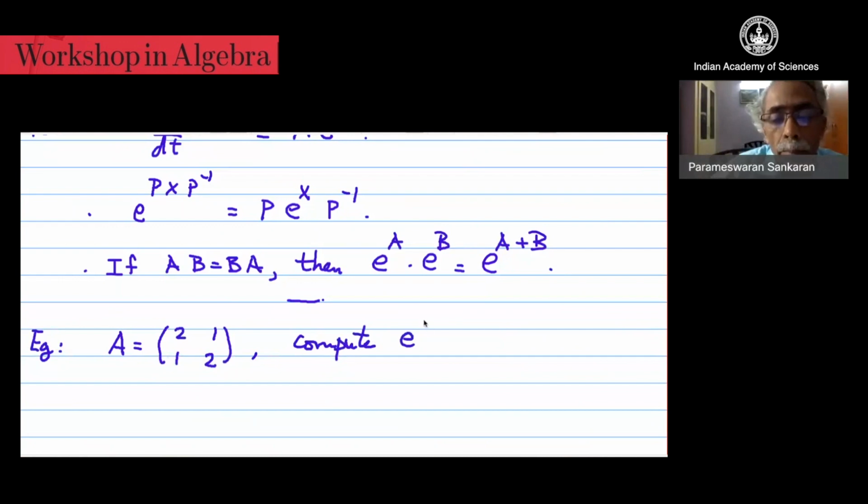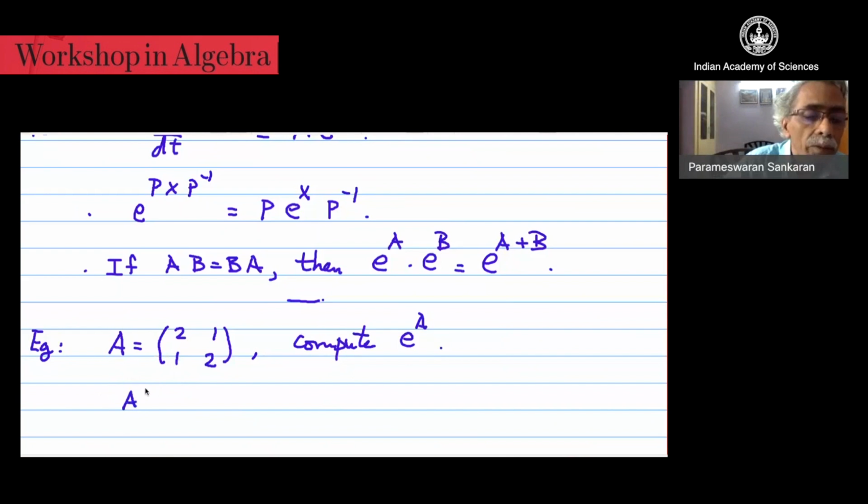e power A. Now this is not going to be that easy. One formal way of doing things is to use an equation that A satisfies, namely its characteristic polynomial.